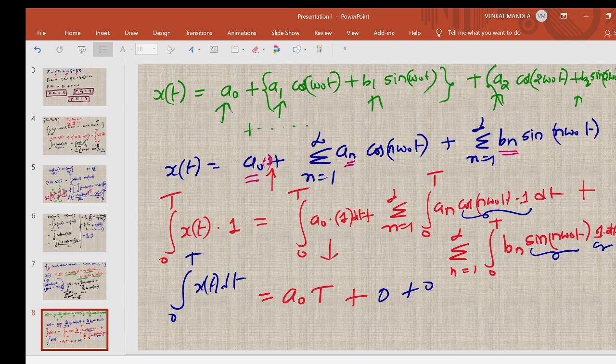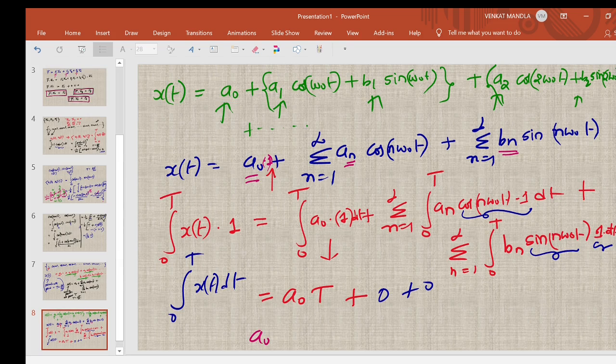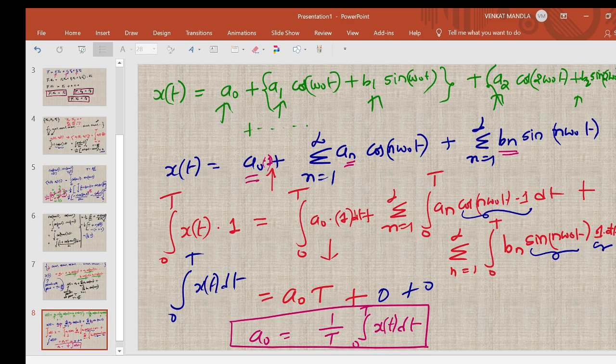From this, a naught equals 1 by T integral 0 to T x of t dt, right? This is the important formula for a naught, because this a naught is the special case of cos n omega naught t where n equals 0, that is, 0 into omega naught, no frequency.